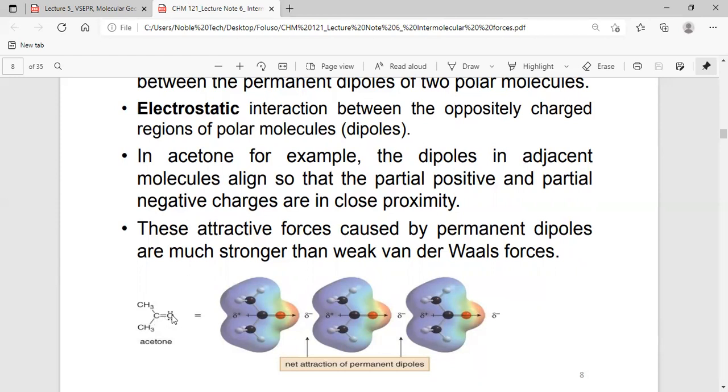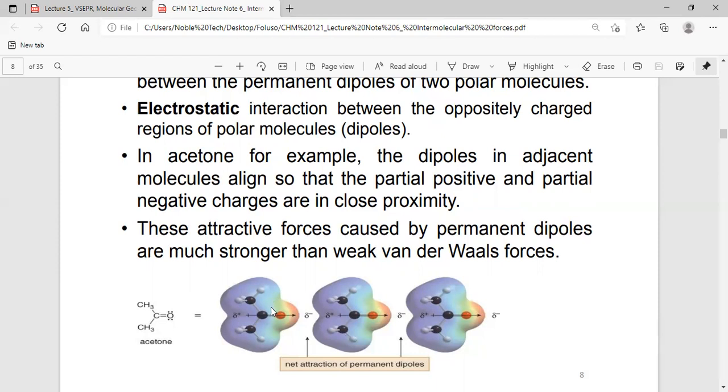That partial negative and partial positive between one molecule and the other molecule would then attract each other. So you have the partial negative of this attracted to the partial positive of that, and that will create an interaction. This interaction is stronger than the interaction in van der Waals force.